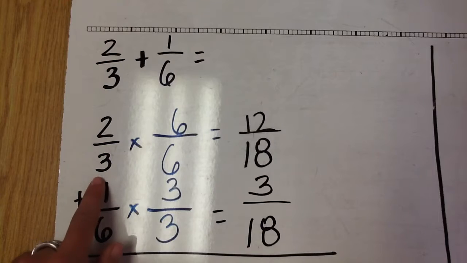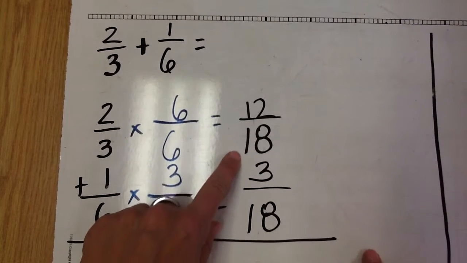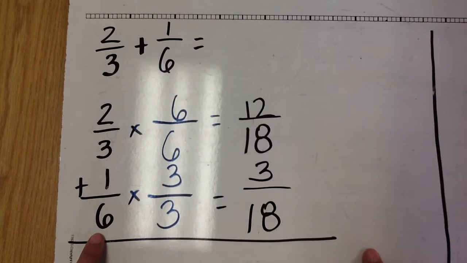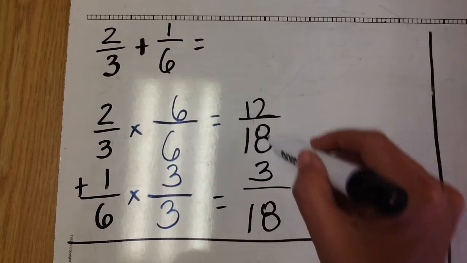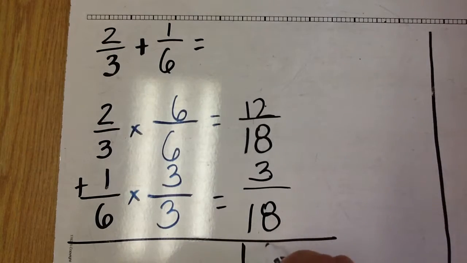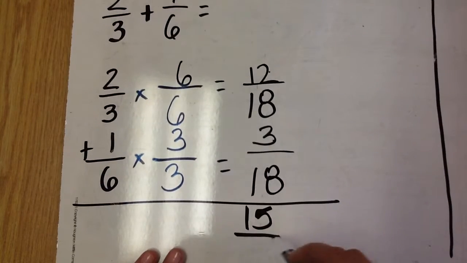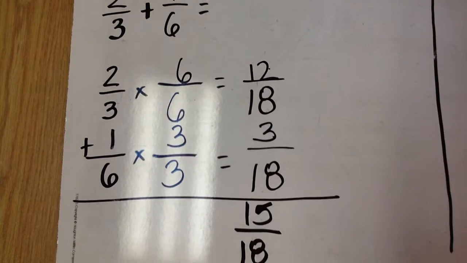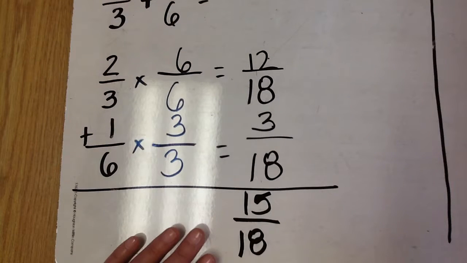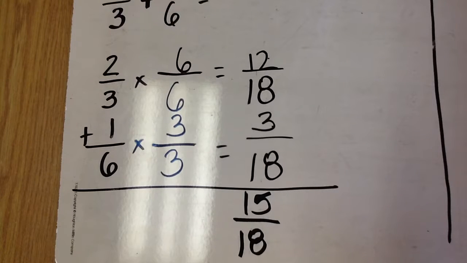So my equivalent fraction for 2/3 is 12/18. My equivalent fraction for 1/6 is 3/18. So 12 plus 3 is 15/18.